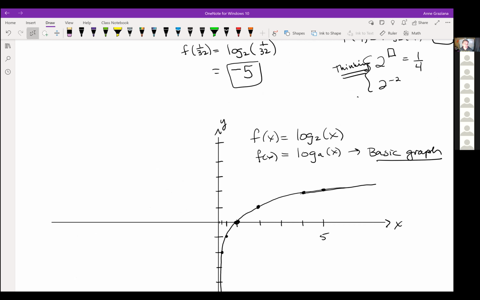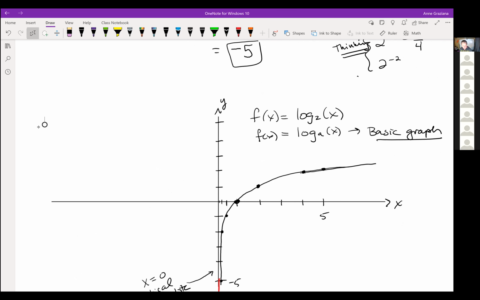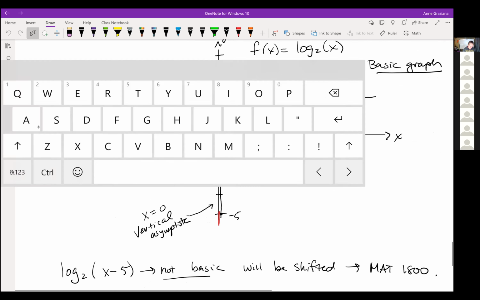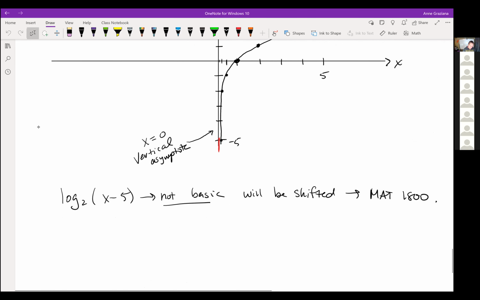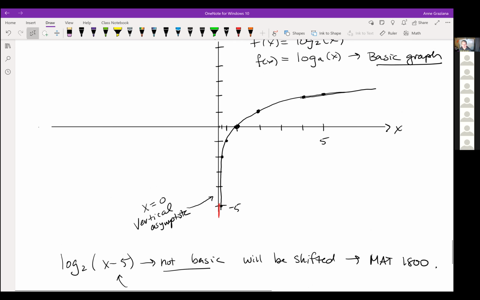This was the idea behind that activity in workshop, that you can take a basic graph and, depending on what happens to your inputs, like here, we're subtracting 5 from your inputs, this is going to shift the graph right 5 units. But we're not going to get into the details of that. I just want you to understand what the basic graph of log looks like.